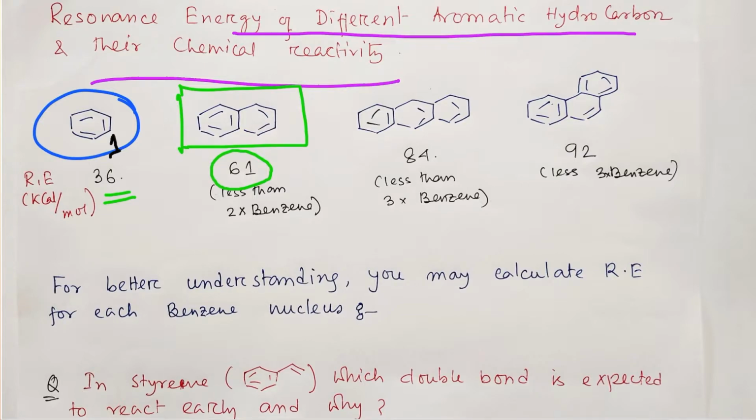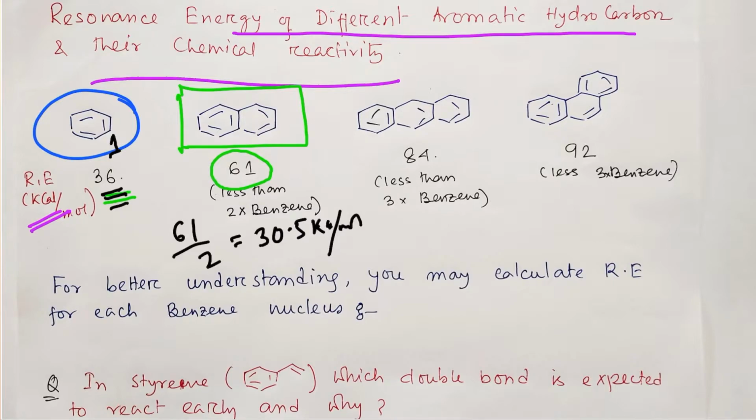For better understanding of which one is more stable based on aromaticity, you need to think that one benzene has 36 kilocalorie stabilization, whereas for naphthalene, 61 by 2 equals 30.5 kilocalorie per mole. So from this you can understand who is relatively more stable. Obviously benzene.